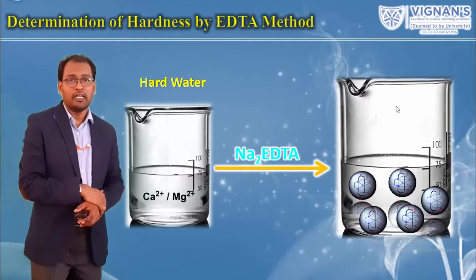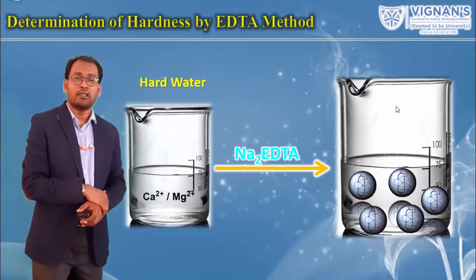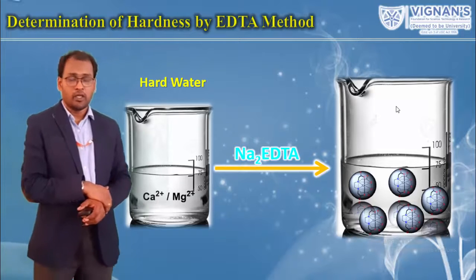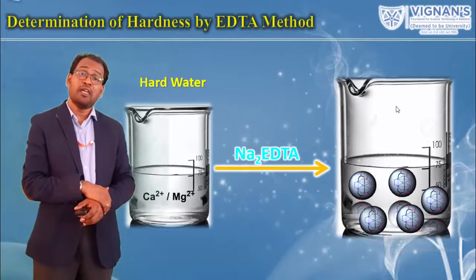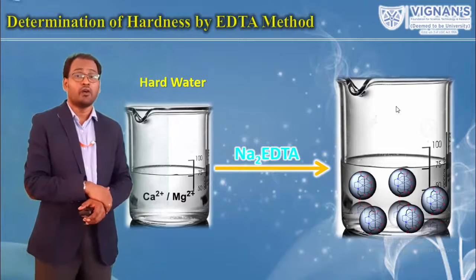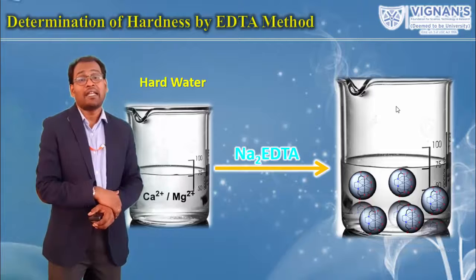So even though EDTA is a better chelating agent and better ligating molecule, the color is not formed, so then it becomes useless.